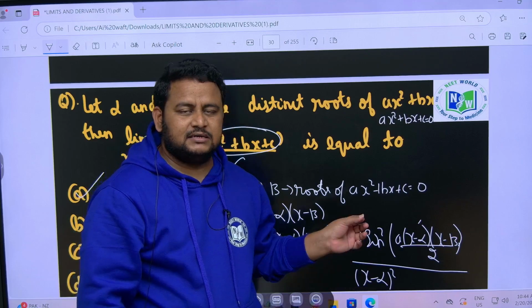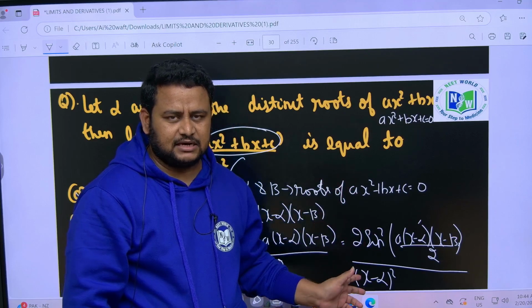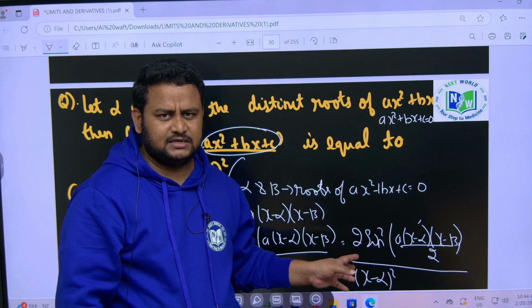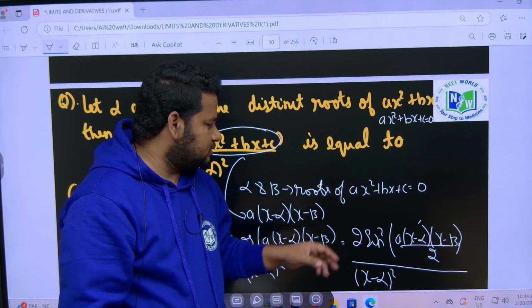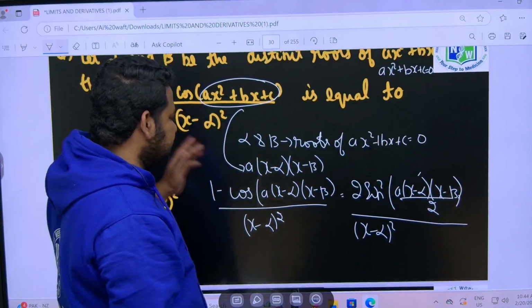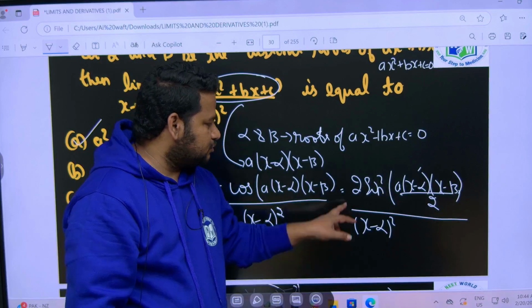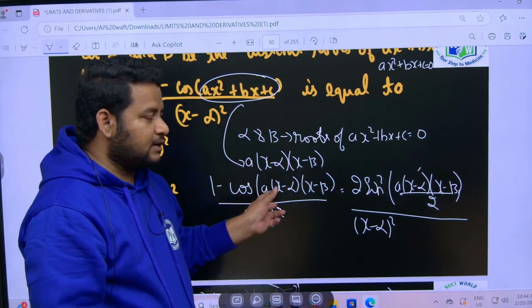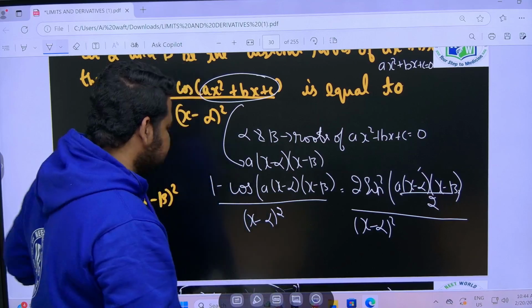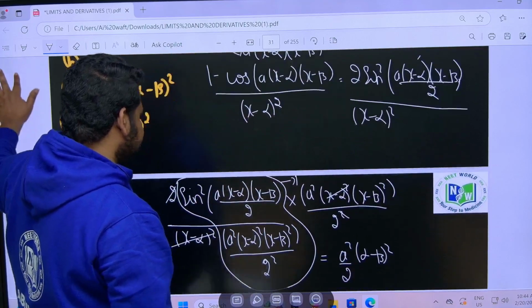So I will get sin square x by x square, and the limit of sin square x by x square is equal to 1. That property again I used, then whatever is left I modified. I applied direct substitution, x will become alpha. So we get a square by 2 alpha minus beta whole square after simplification.